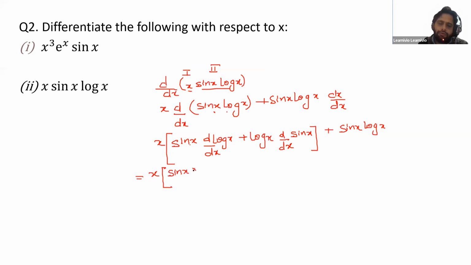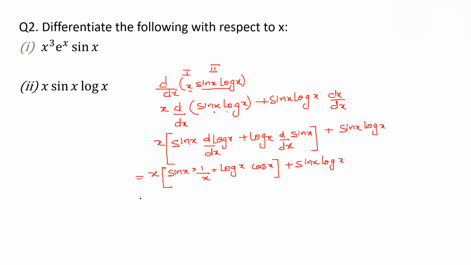Now, what is the derivative of log? 1 by x plus log x. Now, what is this? Cos x plus sine x into log x. Okay. Yes, sir. So this will be your answer. You can write this x in the denominator of this, and this is sufficient. This is the final answer. Any doubt, Krishna?